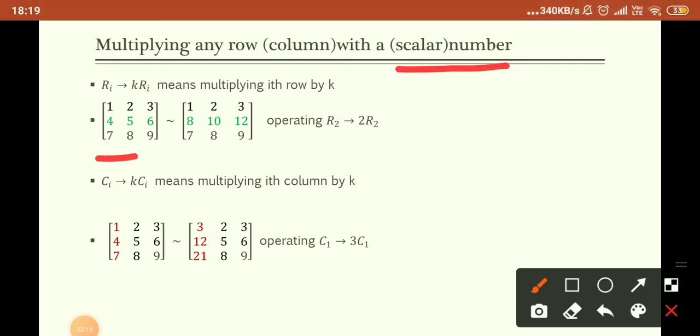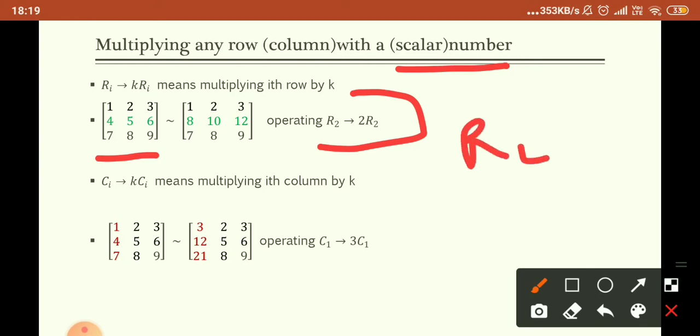So here you have this matrix. We can multiply any row of this matrix with a scalar, like here for example the second row is multiplied with 2. So R2 arrow means we are applying the elementary transformation on row 2, and the transformation is that we multiply row 2 by 2. It is just an example.